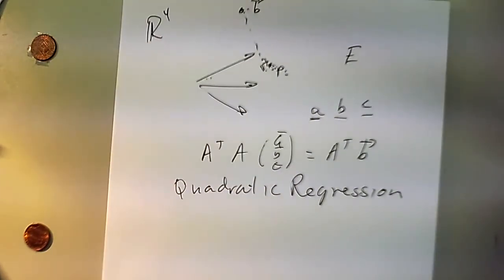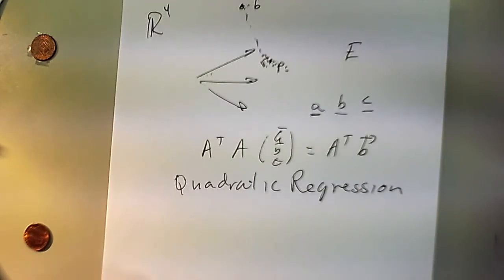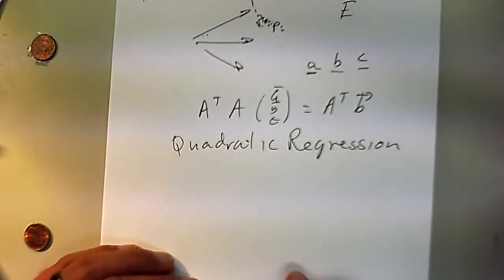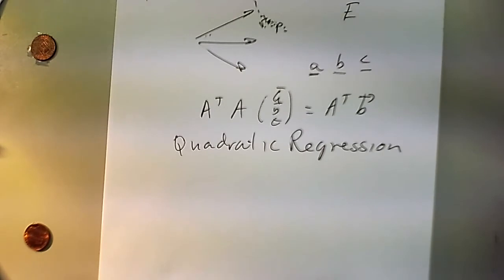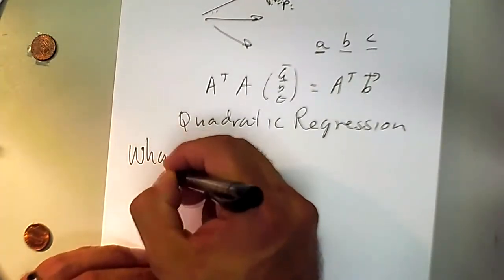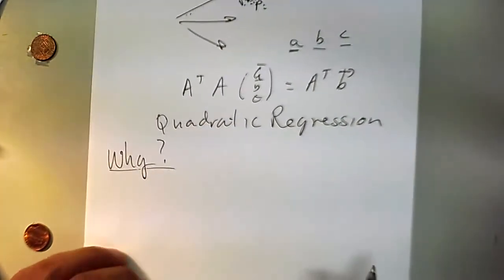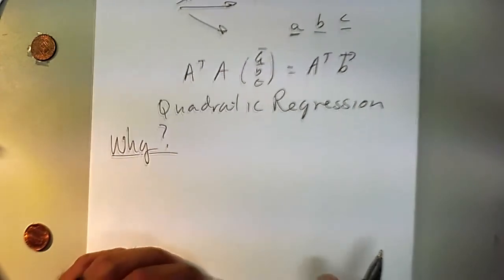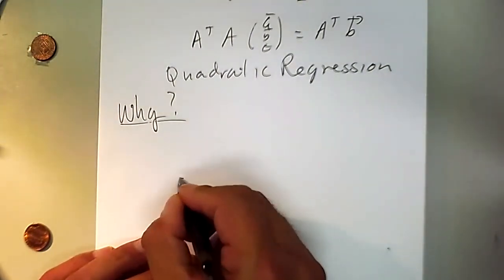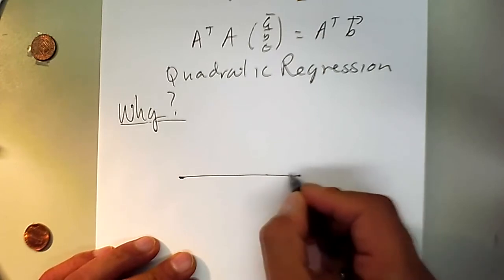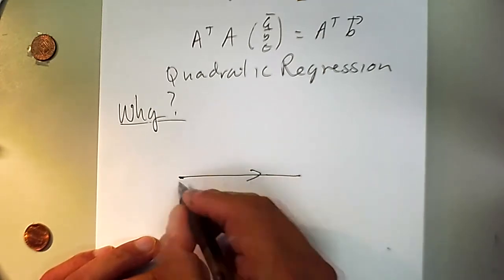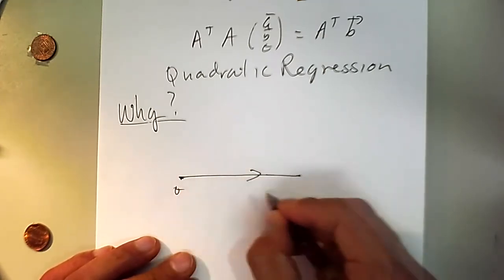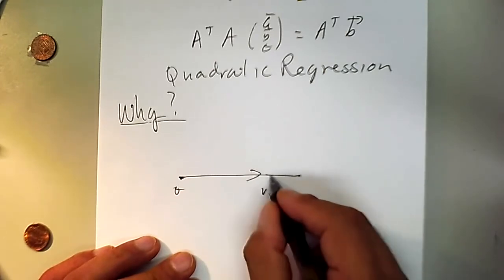The only thing left that I want to go through is why the formula works. So the question we want to answer is why, and this is derived from this picture. Pretend you have a single vector v1. Pretend that's the origin, and this is v1.